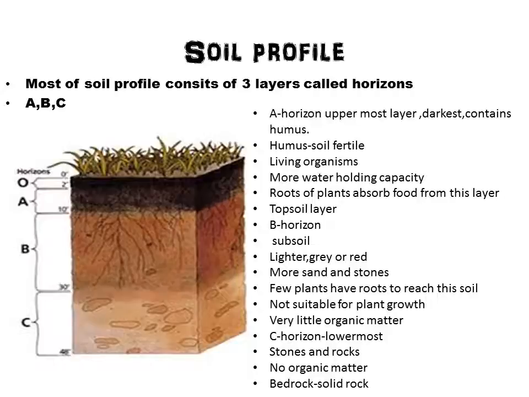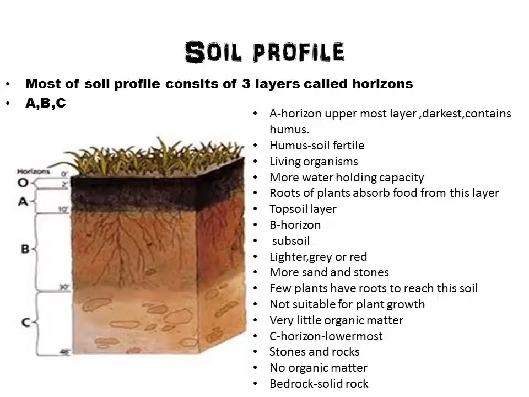A horizon, as I said, is the uppermost layer. You can see from the figure that it is darkest in color and it contains humus. The completely decomposed product is called humus. Why is it important, as we learned before? It makes the soil fertile.